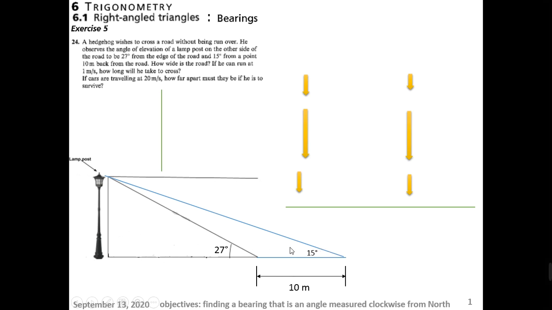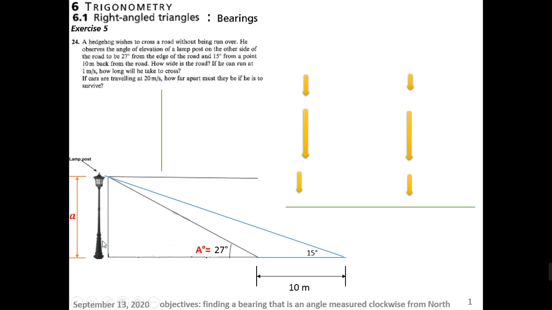Now, as we got the drawing ready here, we can start finding missing sides and missing angles. If we name this one as A, the opposite side to angle A, which is the height of the lamp, we're going to call A small.